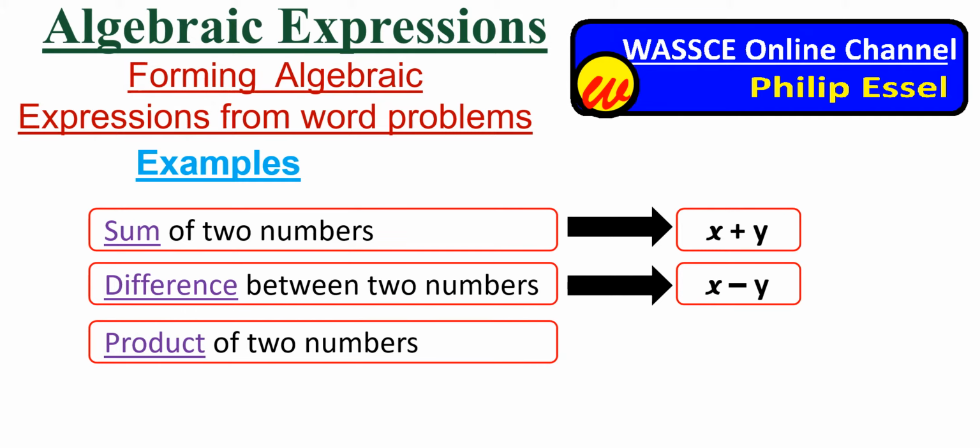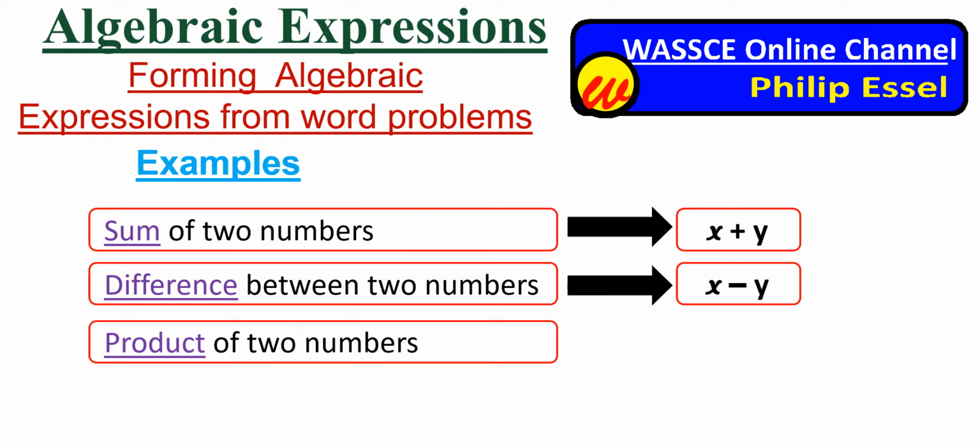In our next example, we have been given the word expression product of two numbers. The word product means multiplication or times. So the product of two numbers simply means two unknown numbers being multiplied together.